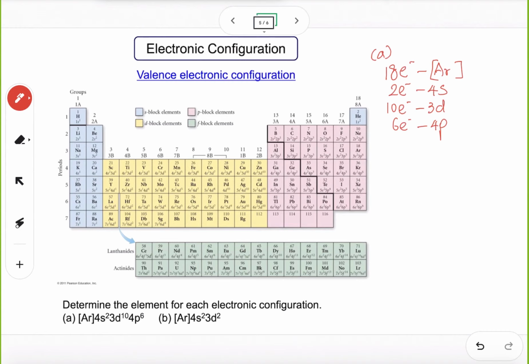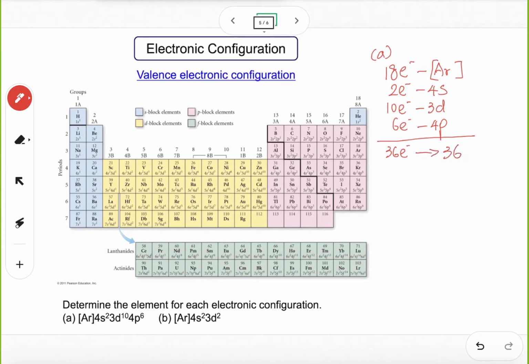If you do the calculation and add them together, you have 36 electrons.